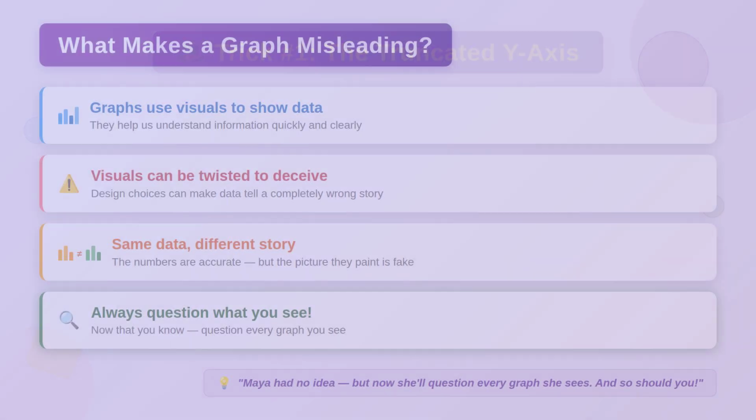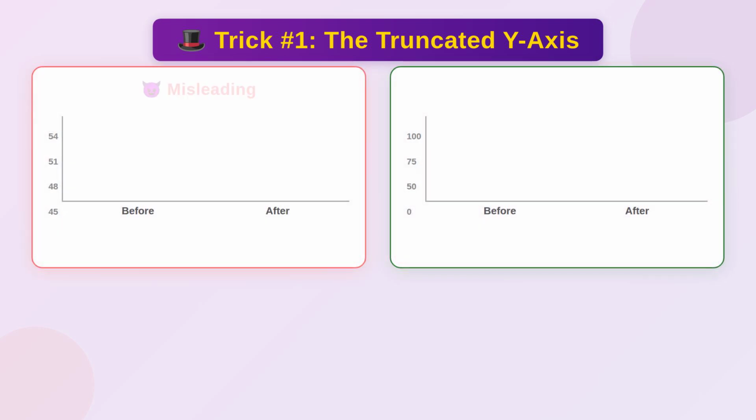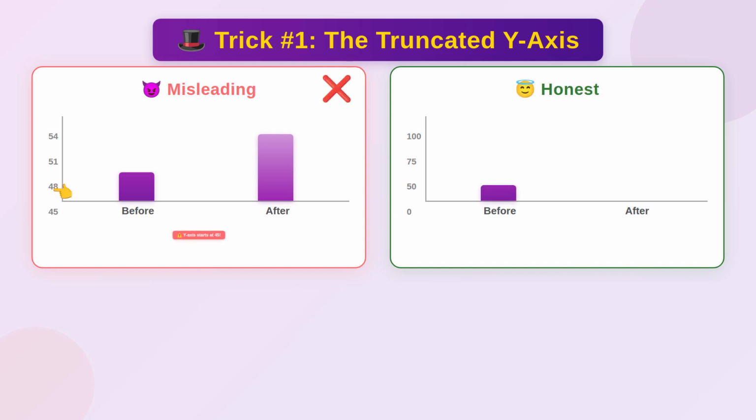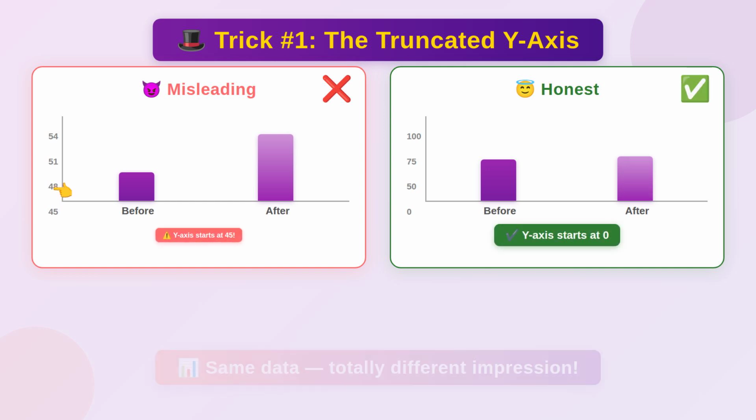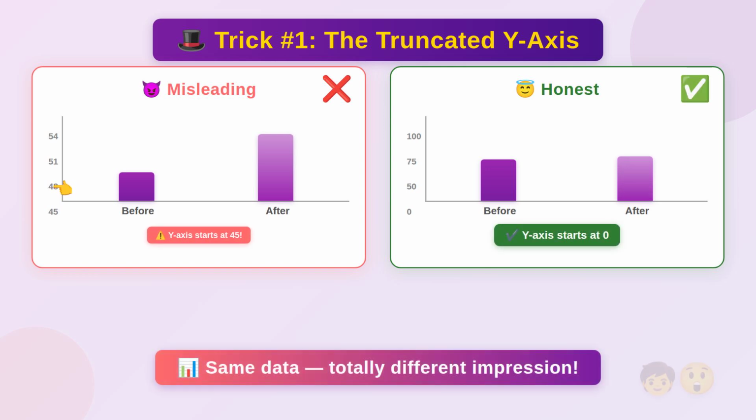And so should you. The most common graph trick is called a truncated y-axis, and it's sneaky good. Instead of starting the y-axis at 0, someone starts it at a higher number, like 95 or 990. Suddenly, a tiny difference between two bars looks absolutely massive. Imagine a graph showing test scores where everyone scored between 95 and 100.